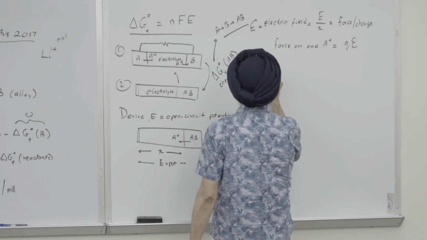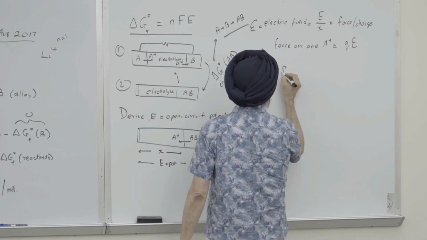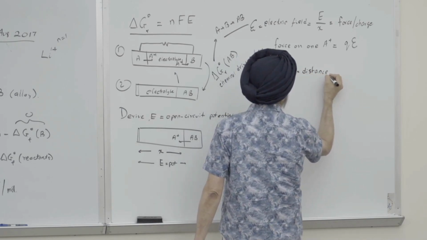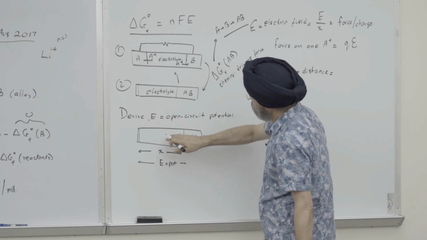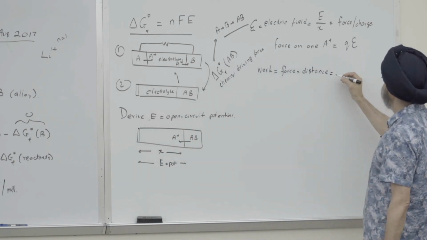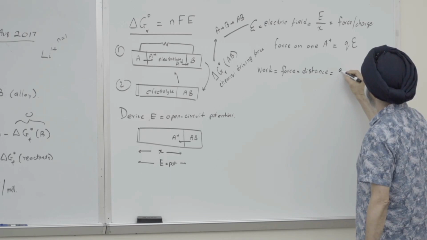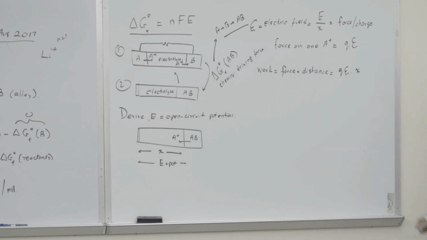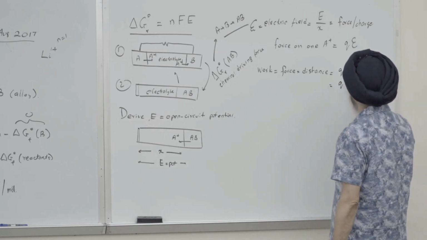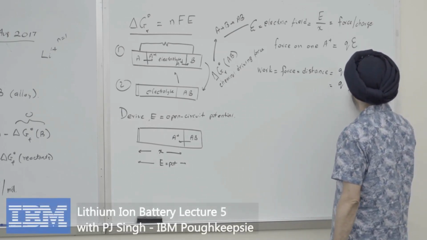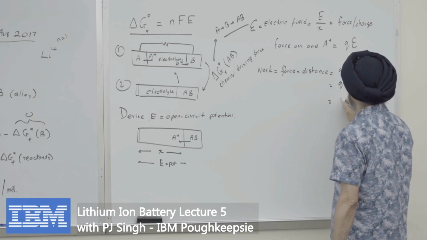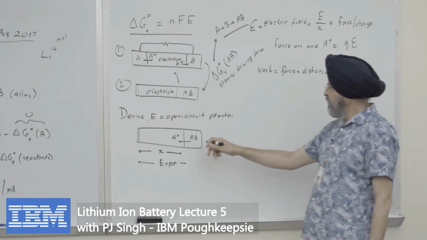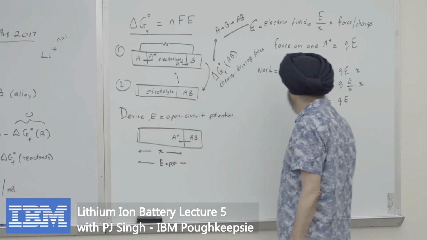Work is equal to force times distance. That's the work it takes for the A plus to go all the way there. Force is QE and the distance is x, and the electric field is E over x, so to move one ion from here back to where it came from took this much energy, QE.